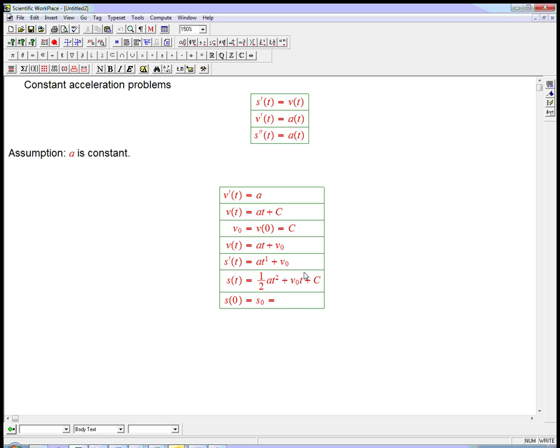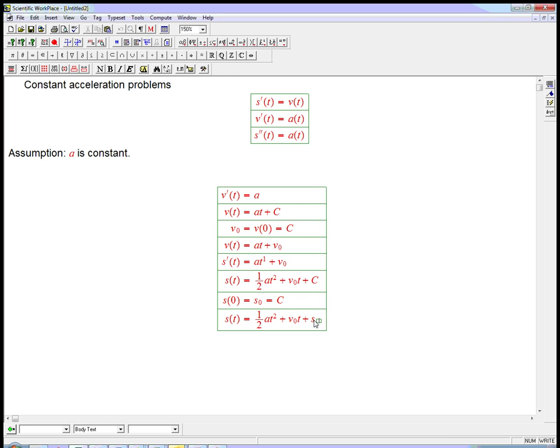Usually, for a more complicated anti-differentiation problem, this stuff doesn't die, and the constant is not just the value of the function at 0. But in both of these cases, it happens to be true. So we finally get our summary: 1/2 at squared plus v naught t plus s naught, the starting position.